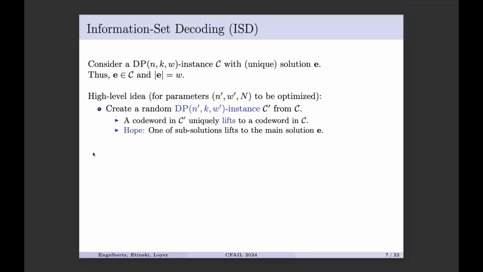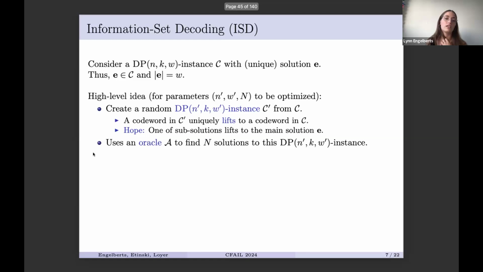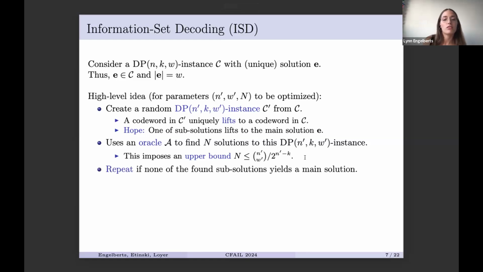How we're going to find these sub-solutions is using an oracle A. This finds capital N solutions to this sub-instance. Of course, we cannot find more solutions than there exist, so there is an upper bound on capital N defined by the parameters n', w', and k. Now, if none of the found sub-solutions yield a main solution, then we repeat.